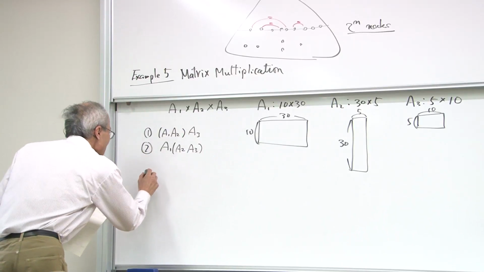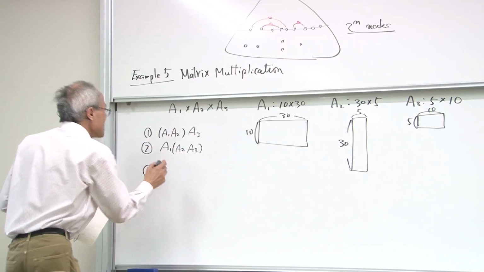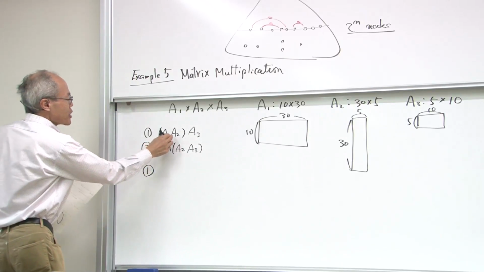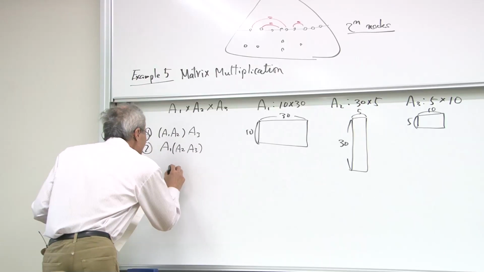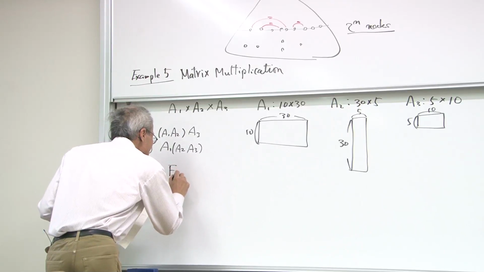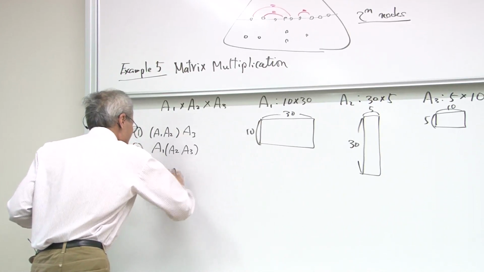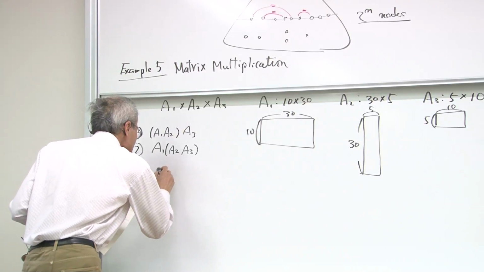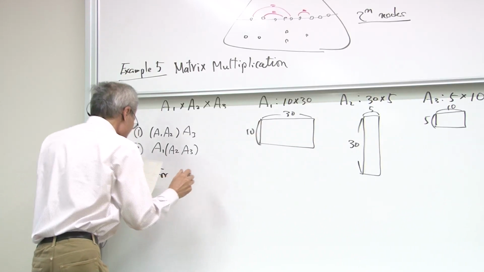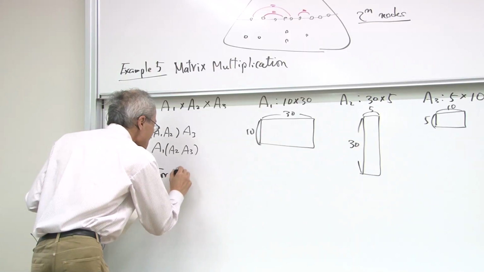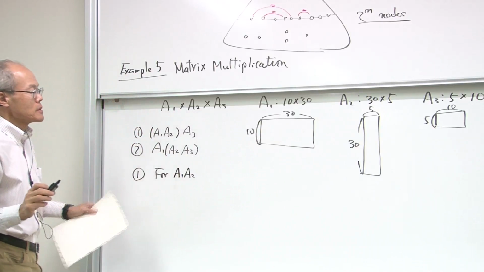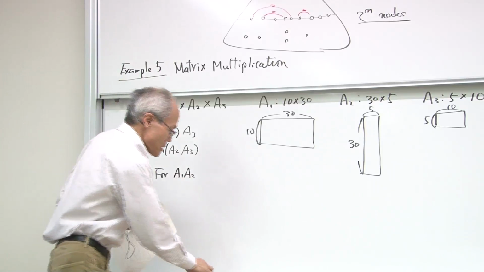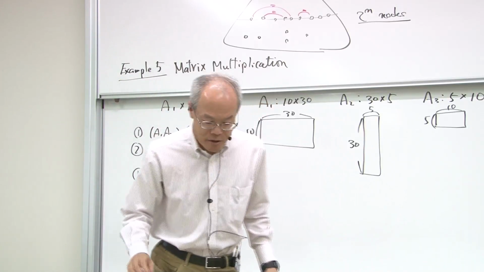Number one, what about multiplying A1 and A2 first, then A3? Just remember matrix multiplication.